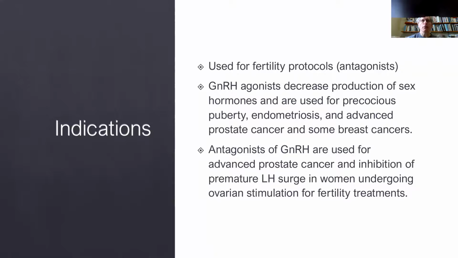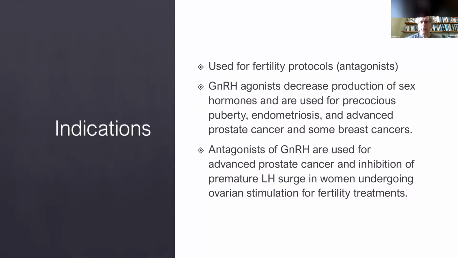So the gonadotropin releasing hormone antagonists are used for fertility protocols. They prevent the surge of luteinizing hormone that'll cause ovulation. So they prevent the ovaries from prematurely releasing immature but maturing ova.